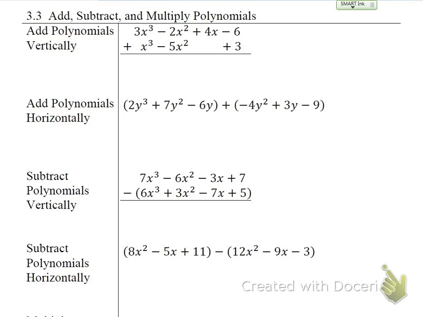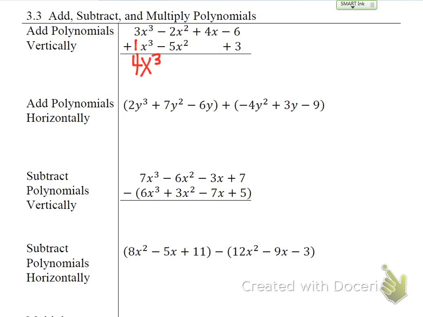So, for the first example, we're just going to add these straight down. If there is nothing in front of the exponent, what's actually there? A 1. So, if I have 3x to the third plus 1x to the third, what does that leave me with? 4x to the third. I'm not trying to trick you.